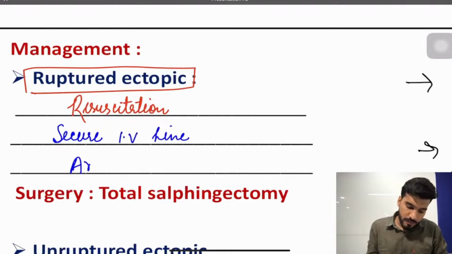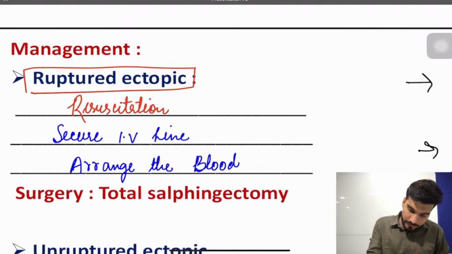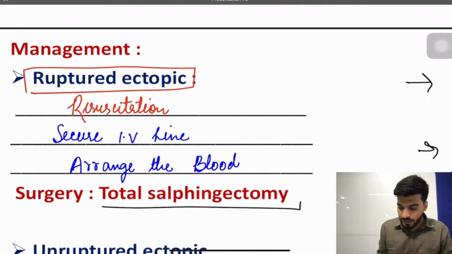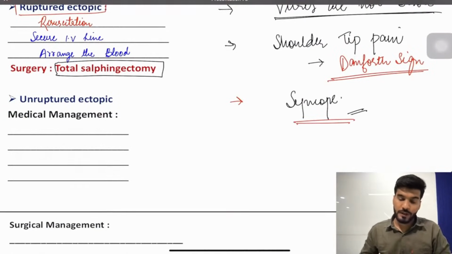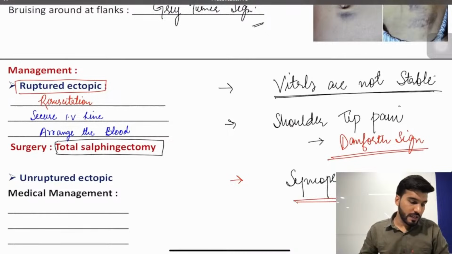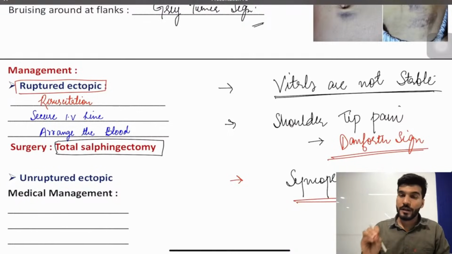Followed by that, arrange the blood. And the only surgery that we will do is going to be total salpingectomy. Remember that the surgery is going to be total salpingectomy.